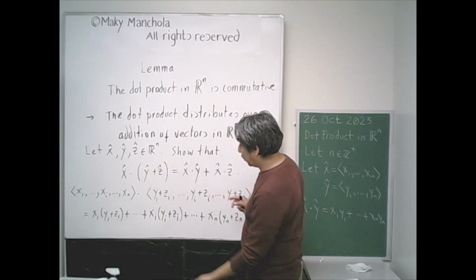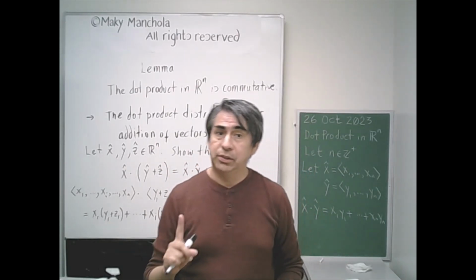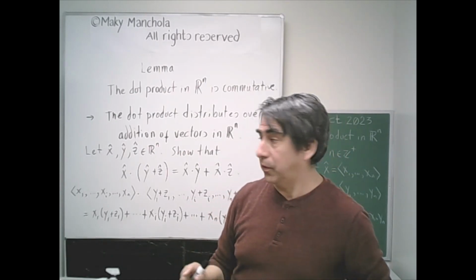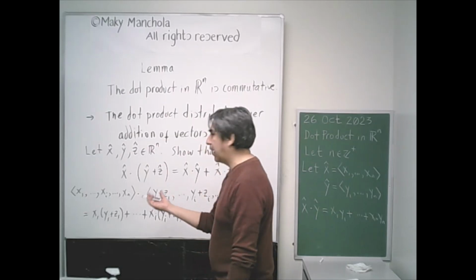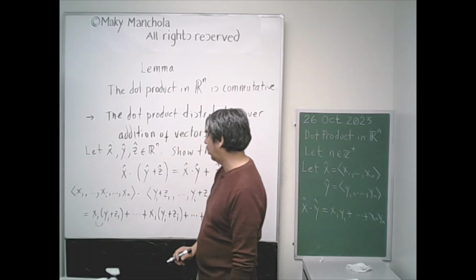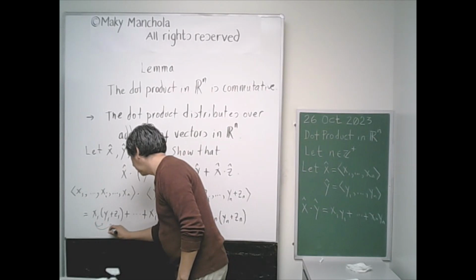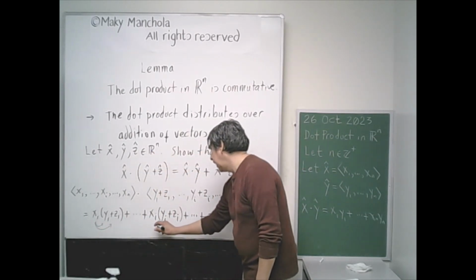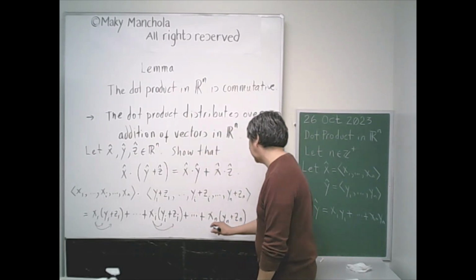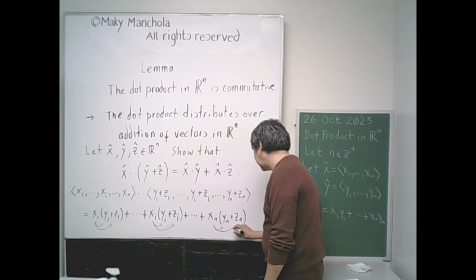Now, let's observe that each of these terms consists of real numbers. So we use the fact that the multiplication of real numbers distributes over addition of real numbers. So we're going to do that on each term: x1 y1 plus x1 z1, and then plus dot dot dot plus xi yi plus xi zi, plus dot dot dot plus xn yn plus xn zn.